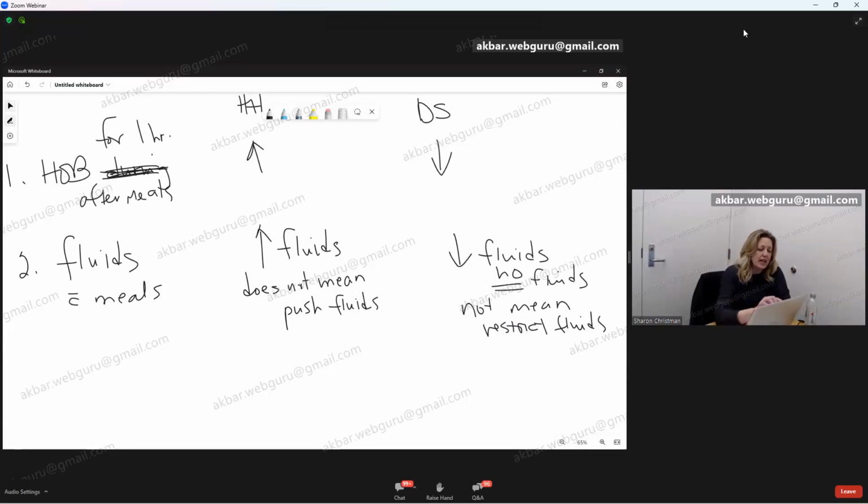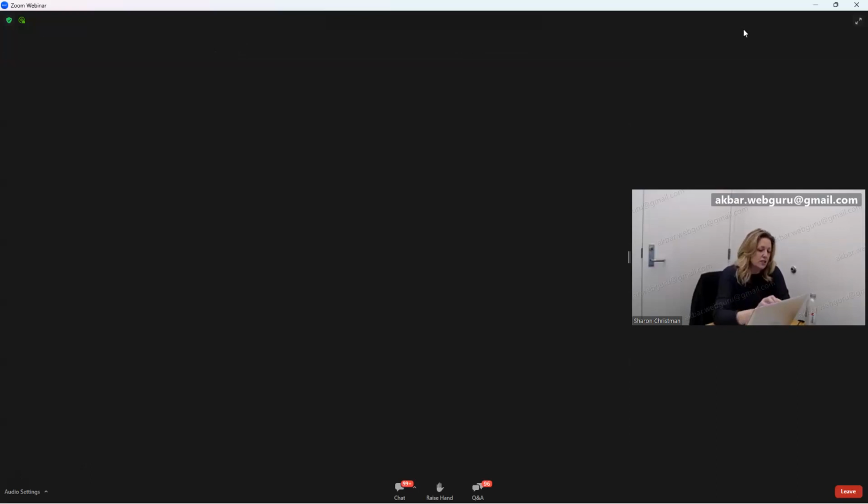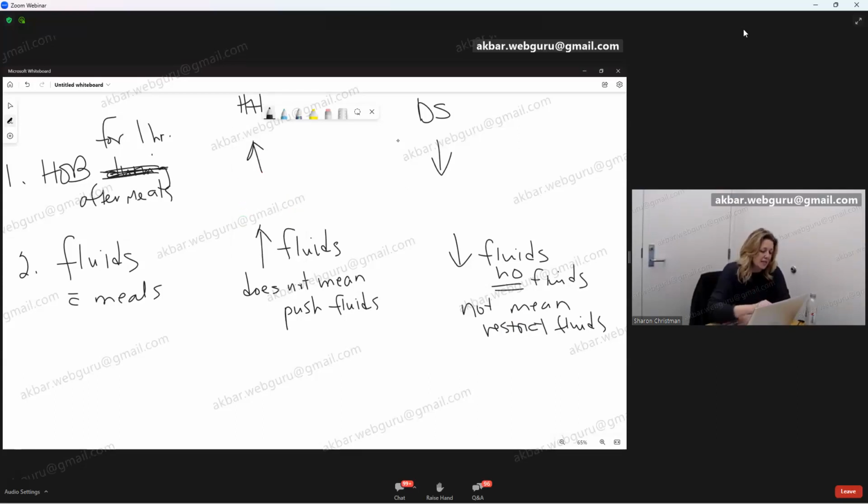Now, carbohydrate content with meals. Carbohydrates are considered to be something that exits the stomach faster. So carbohydrate content for hiatal hernia should be increased, and for dumping syndrome should be decreased. So if they ask you which meal would be best for a patient with hiatal hernia, pick something that has carbohydrates in it.